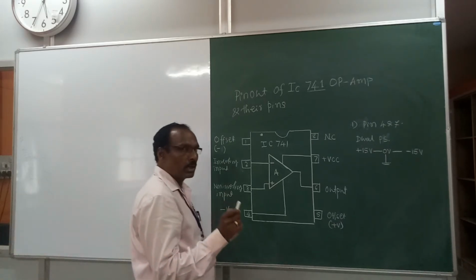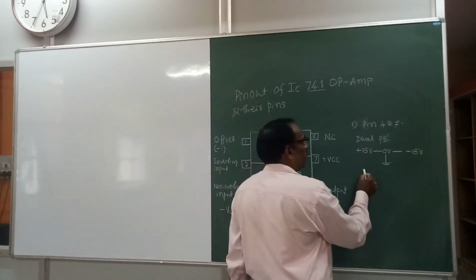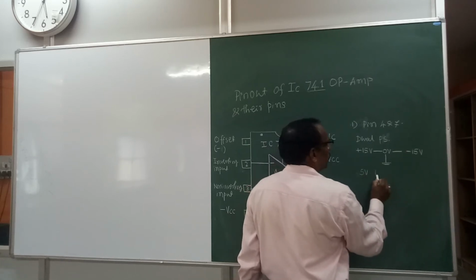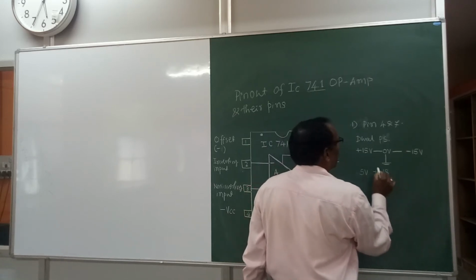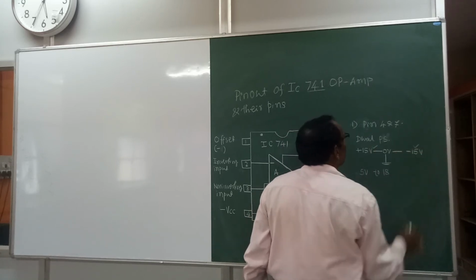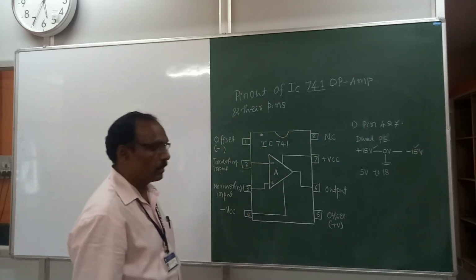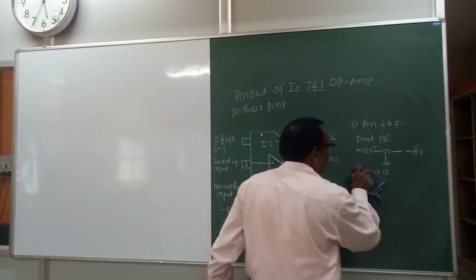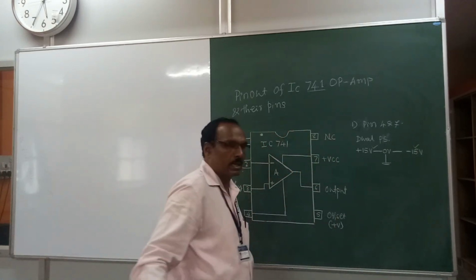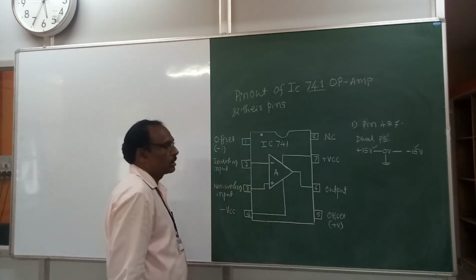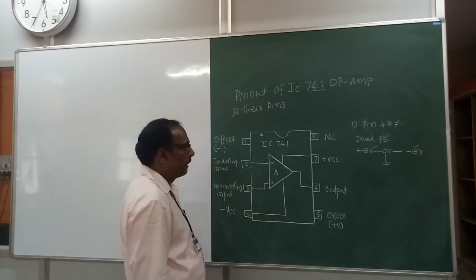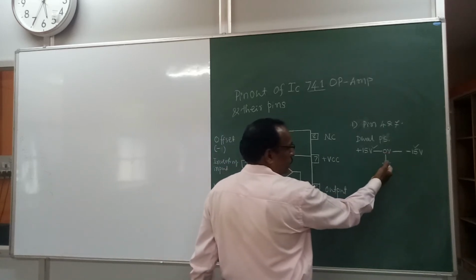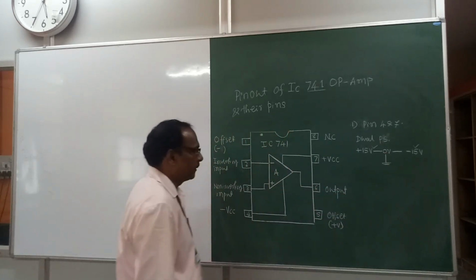This is called a dual power supply, and its magnitude can vary from 5 volt to 18 volt. We apply plus 15, 0, minus 15. Normally we call it a plus or minus 15 volt power supply. This is a common point.